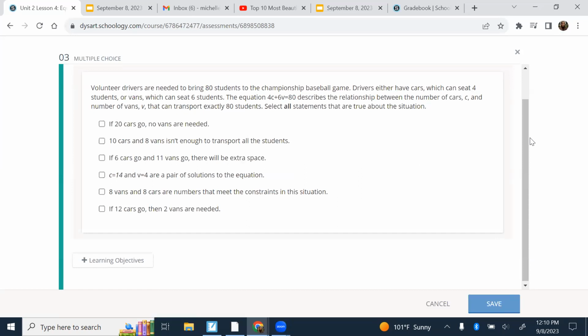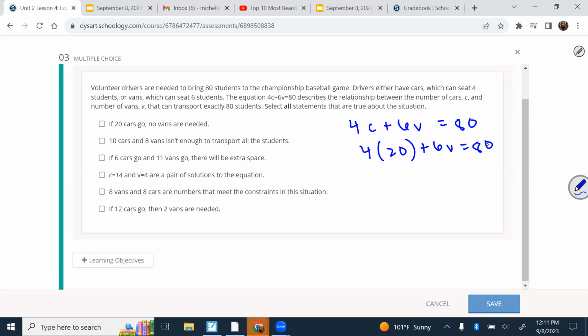So if 20 cars go, no vans are needed. Which variable is for the cars? The C. So I would have to plug in 20 for the C.